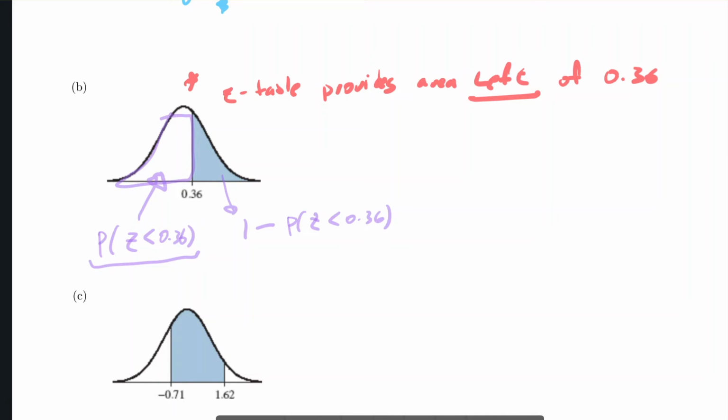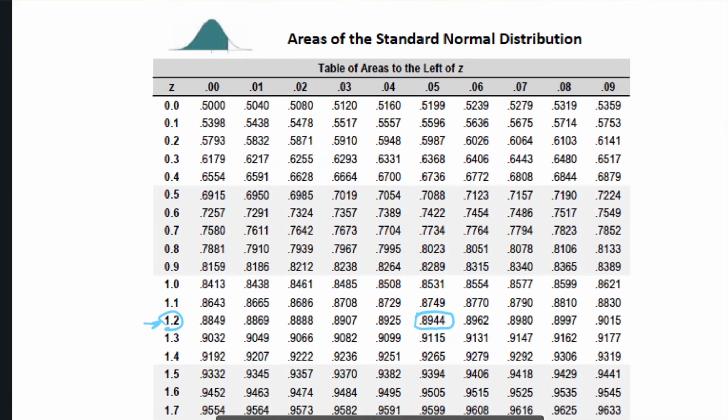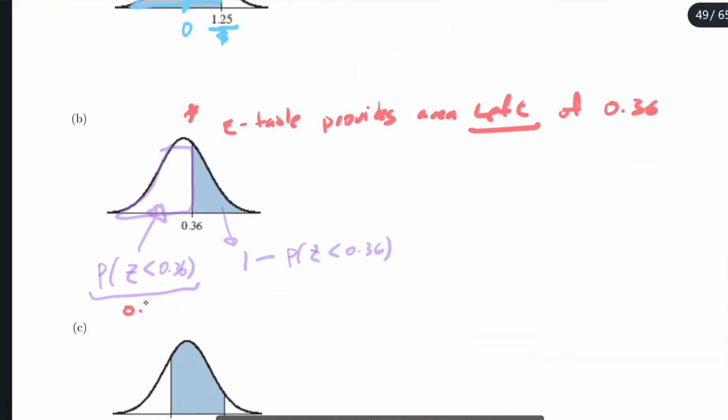So remember 0.36. From the z table, we go to here, positive value again. 0.3, then 6. So 30, 31, 32, 33, 34, 35, 36. This right here, 0.6406. So this will be 1 minus 0.6406.